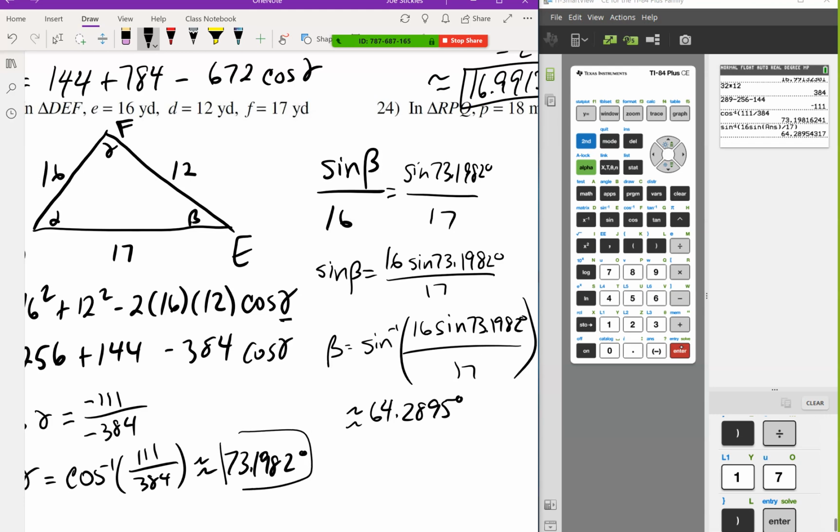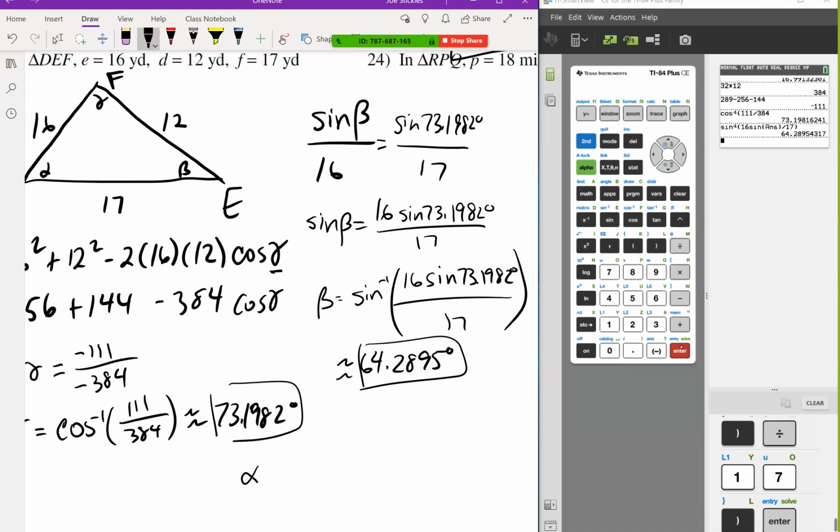So we've got the first two angles. And notice again, as I'm checking, this one should be the biggest angle and this one should be the next biggest angle, which is exactly the order they are in. And then doing my alpha now, we'll do the 180 minus each of them.